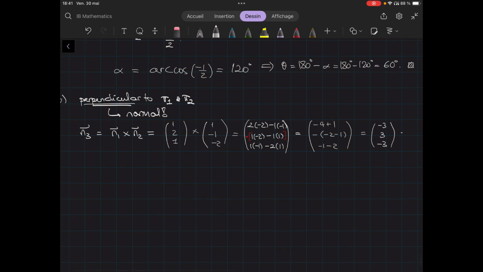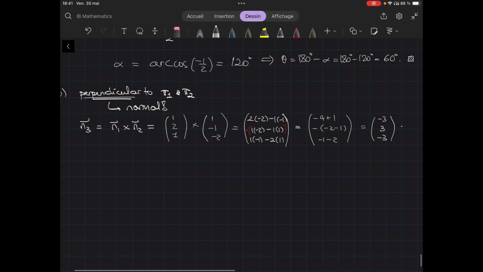We can multiply this by a scalar to obtain a nicer looking normal vector. So nothing stopping us from multiplying this vector by 1 over 3. So you can choose your normal to be -1, 1, and -1. If you went with -3, 3, and -3, that is perfectly correct.